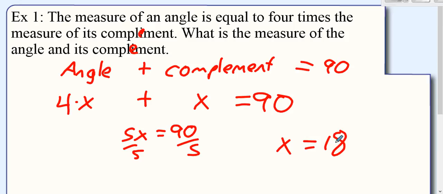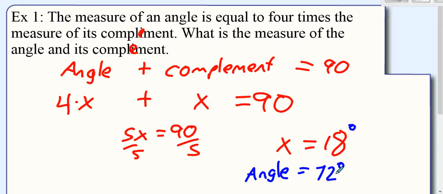So if x is 18, x was the complement, which means the other angle, which is 4x, you've got to plug it in. Or you could do a simple angle plus its complement is 90. So what would we have to add to the 18 to get 90? That's going to be 72.